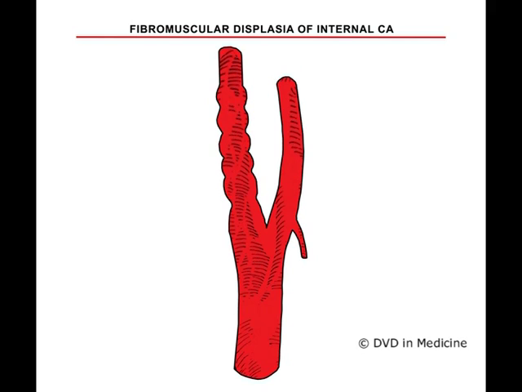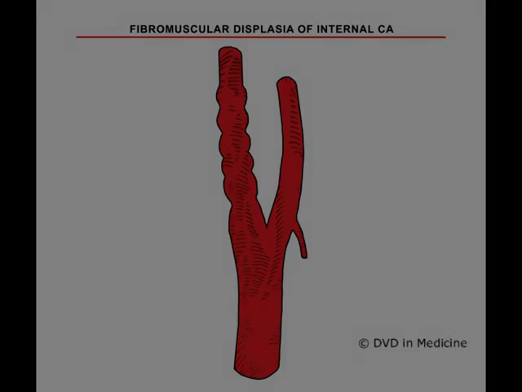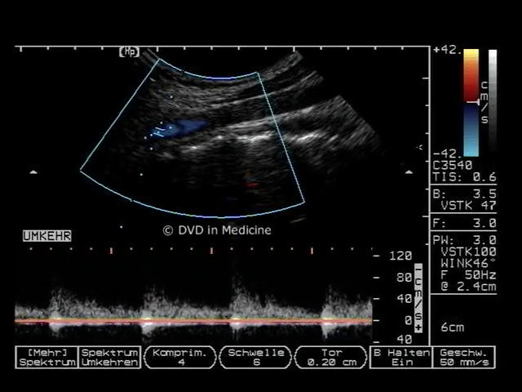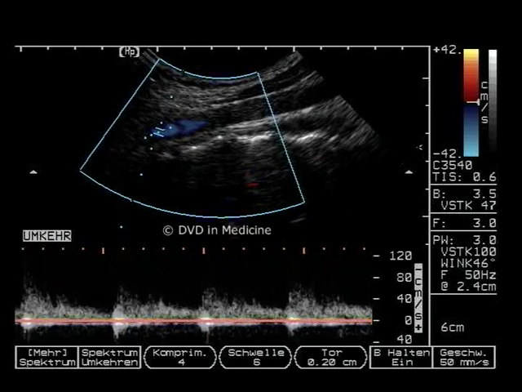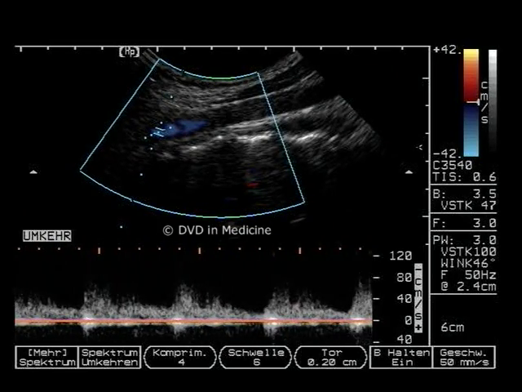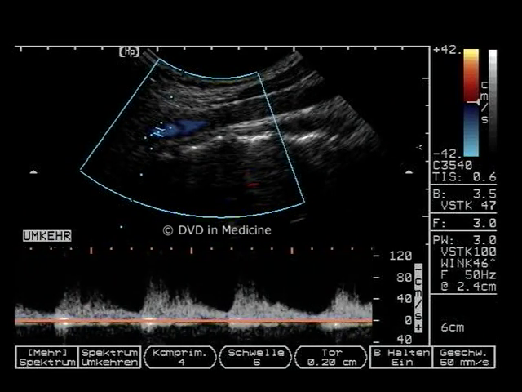When using the spectral Doppler, one should listen carefully to the audio signal in order to note possible spectral broadening caused by turbulence. In the case of mild fibromuscular dysplasia of the internal carotid artery, the only symptom will be the spectral broadening.